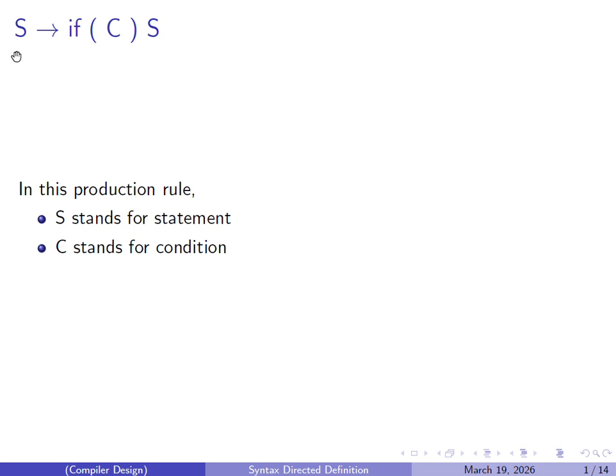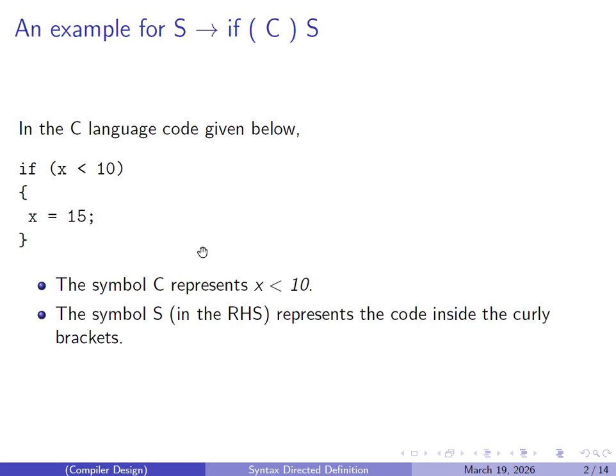Now, given this production rule, S actually signifies a statement. C stands for condition. Now, let's take an example. In the C language code given below, if x is less than 10, then x is equal to 15.